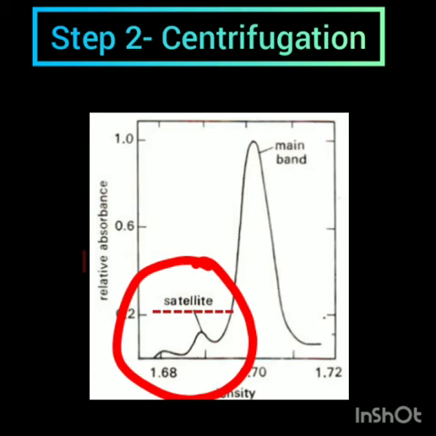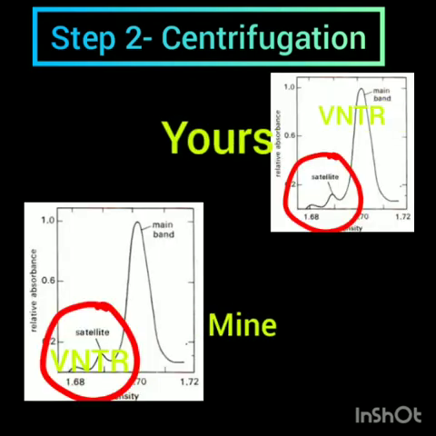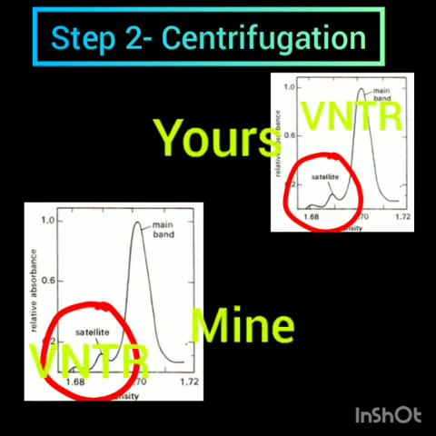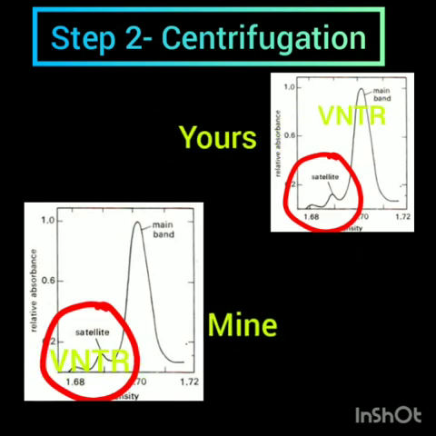Why? Because satellite DNA or VNTR is the sequence of DNA which is different in all human beings, and our motive is to find out this difference. Now, after centrifugation, we got our own VNTR, that is your VNTR and mine.